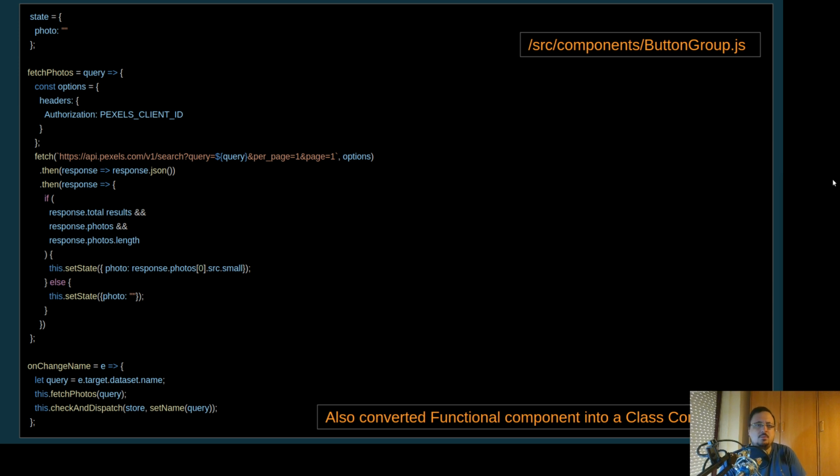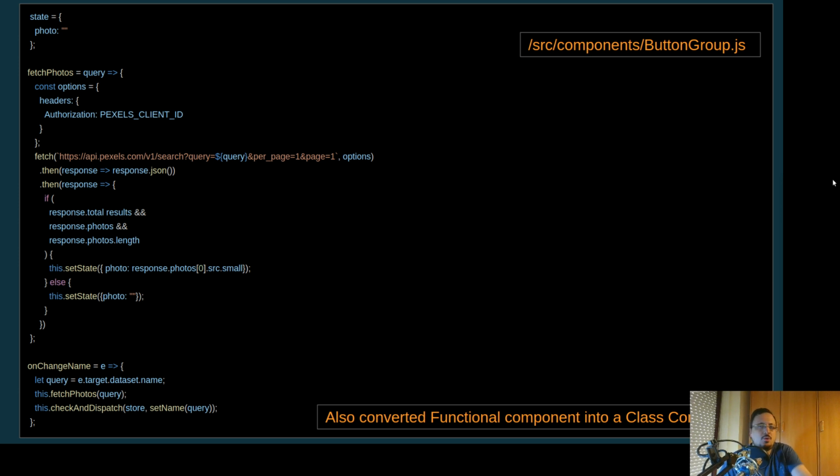It's very easy to register. Once it's finished, I added a component state for the photo, and below the buttons, if we have a state photo, it will show the photograph.